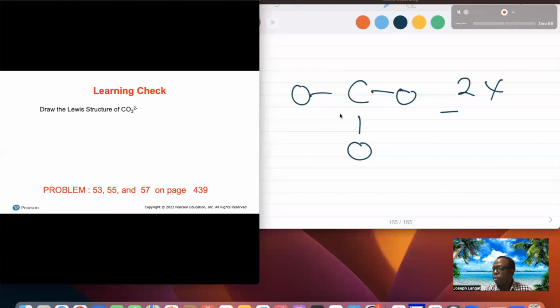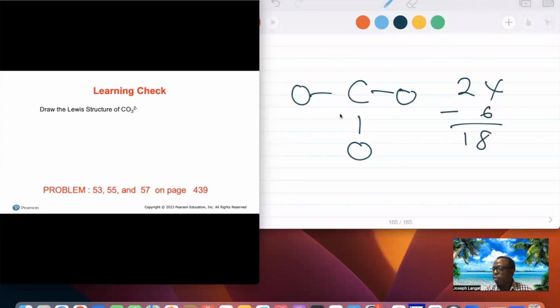We have used 6, remaining 18. So we give it to each oxygen, minus 18, this is 0.